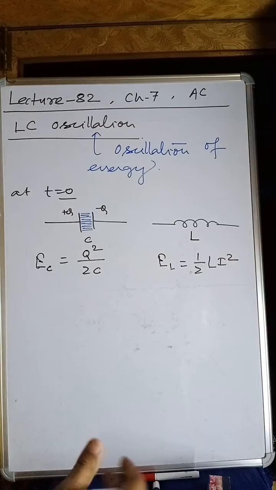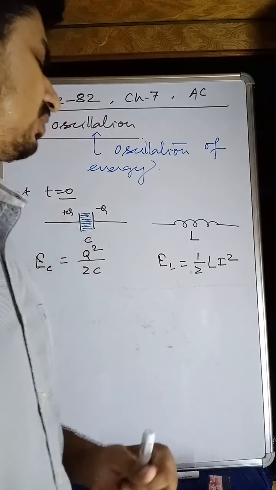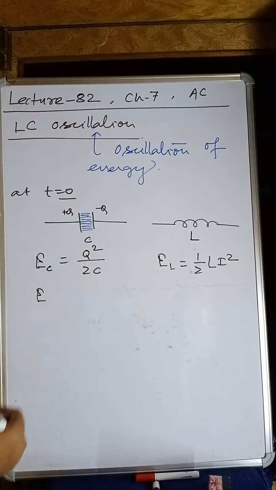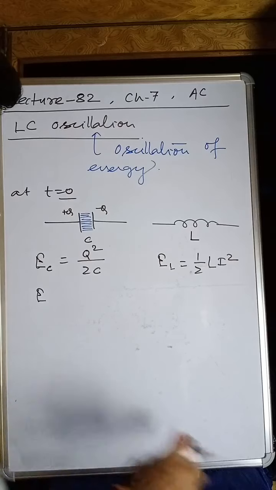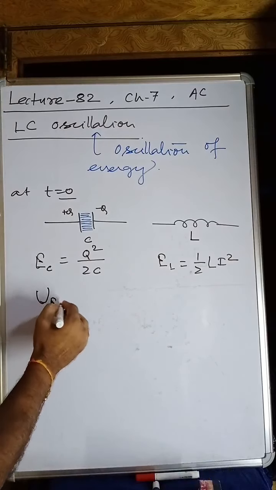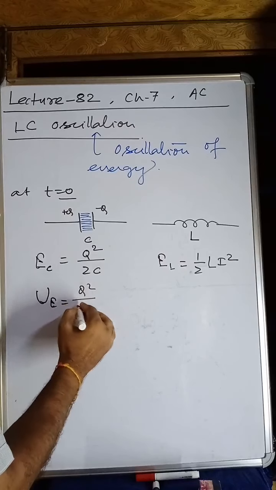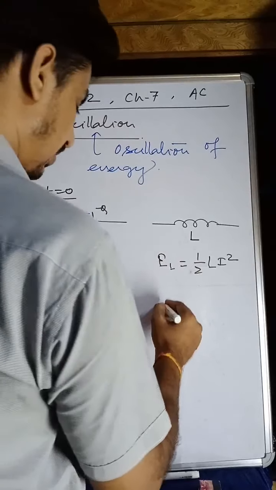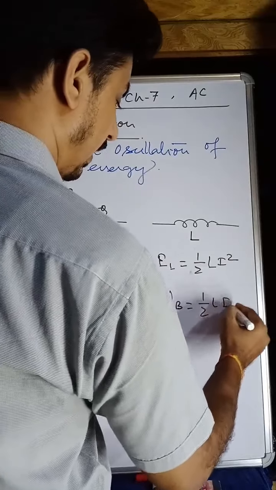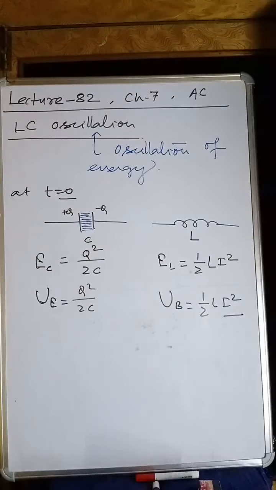Remember, in certain books you might see this energy written as U: in presence of electric field it is Q square over 2C, and in presence of magnetic field it is half L i square. Don't be confused.